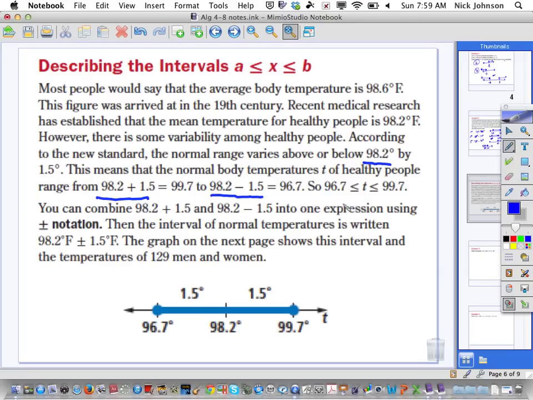Which gives us this inequality of 96.7 is less than or equal to T is less than or equal to 99.7. So what they are saying is some people have high temperatures, some people have low temperatures, okay? So a doctor is not going to get nervous when your temperature is in between 96.7 and 99.7. Now, they'll make a difference if maybe your temperature is always low.